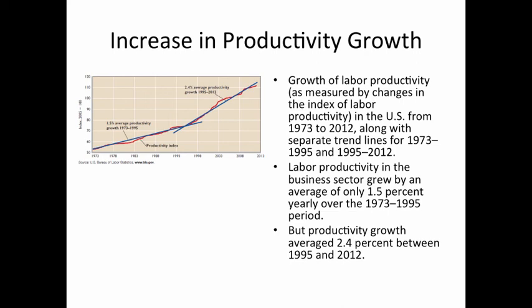We can see the two different trend lines suggesting two different growth rates of productivity across our time period here. We see some sort of structural break in the mid-1990s, where the average productivity growth between 1973 and 1995 was about 1.5%, but between 1995 and 2012, productivity growth averaged a higher rate of 2.4%.